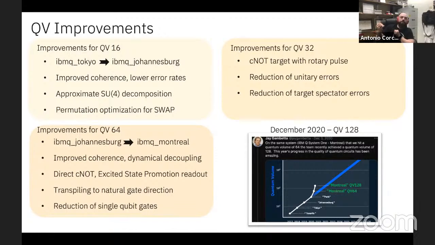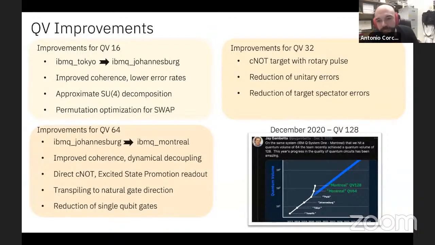If you are going to have some VQE kind of algorithm where you have a series of gates of some depth, and you want to implement them as well as possible, all these tricks that we are playing here are really useful in that case as well. So improving the quantum volume actually helps us come up with better implementations of our algorithms.